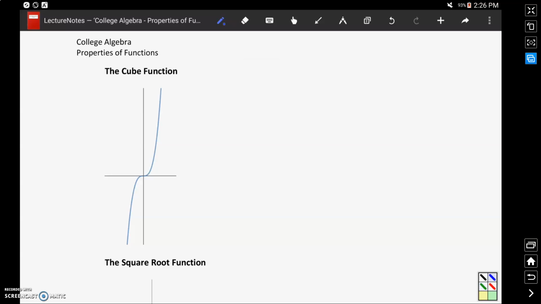We can also talk about the cube function, y equals x cubed, which always follows this, I don't know what you want to call it, sort of a snake-like pattern, an S sort of pattern. It has an unrestricted domain and an unrestricted range.